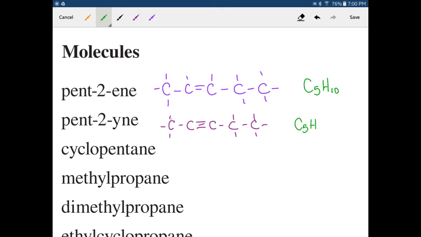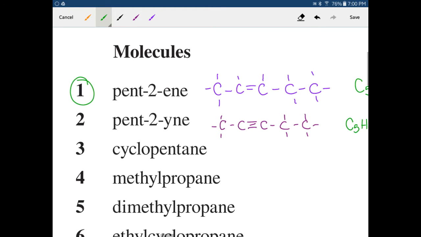I can count here, 1, 2, 3, 4, 5, 6, 7, 8. However, I knew that because pent-2-ene did work, pent-2-yne won't work, because a triple bond steals away 2 bonds, one from this carbon and one from this carbon. That takes away 2 hydrogens, because those electrons are now shared between those carbons. So that is something to look out for. So 2 definitely is not.